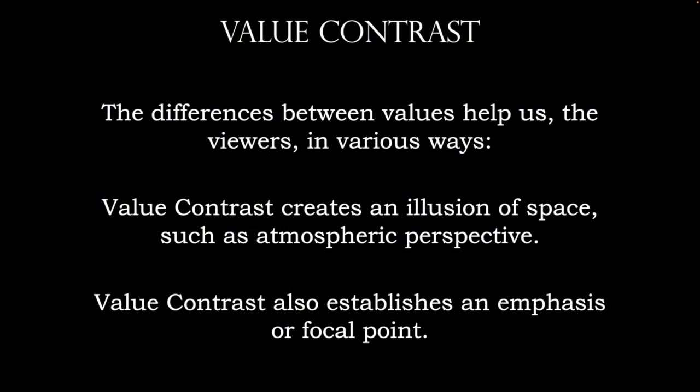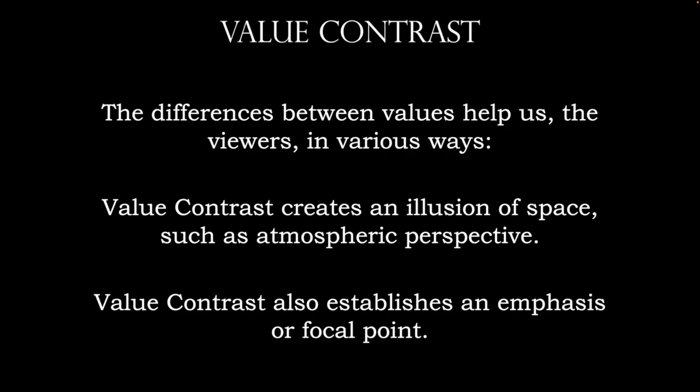When we look at values next to one another, a lighter next to a darker value, we say that there is value contrast. Value contrast helps us to see. One way it does, as I had talked about earlier, is the illusion of space, which is atmospheric perspective.